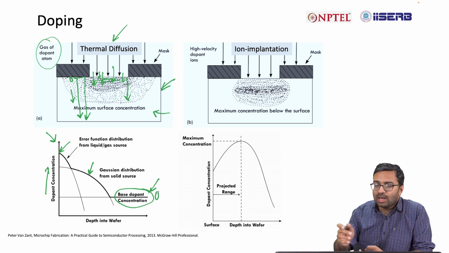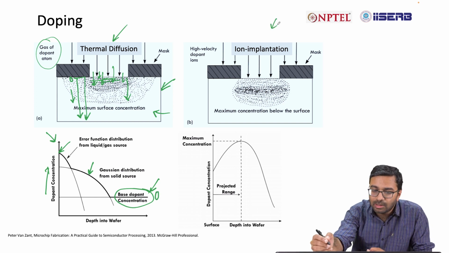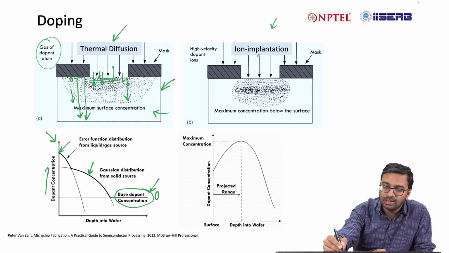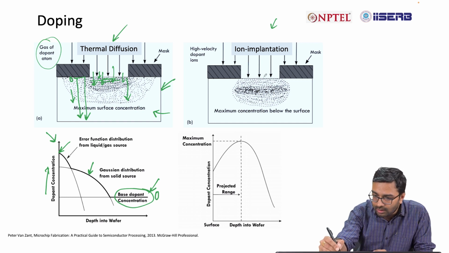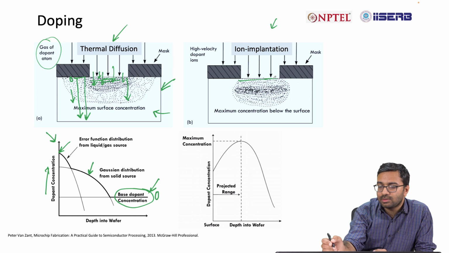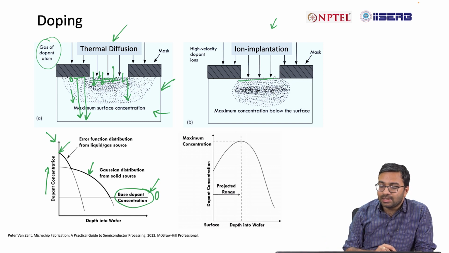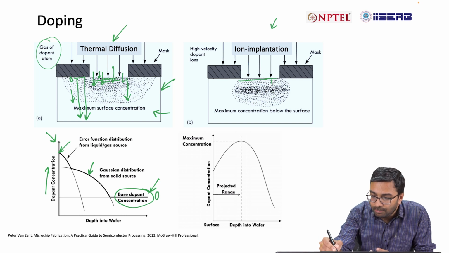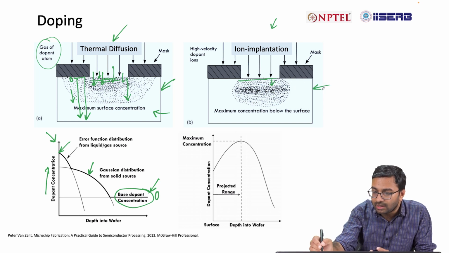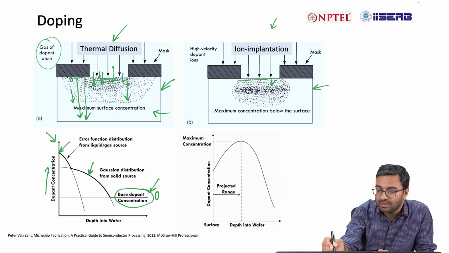And similarly, you have ion implantation, where high velocity dopant ions are present. They come and bombard the surface of the semiconductor, and hence you will find that the concentration is high deep into the semiconductor substrate. So it's not near the surface, somewhere below the surface you will find the concentration is high.